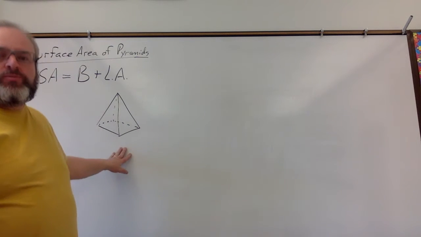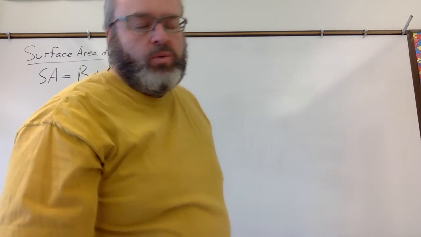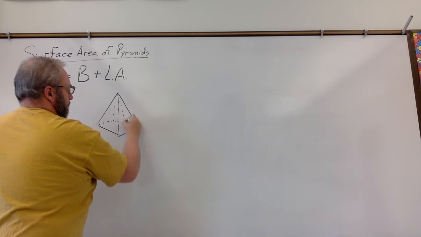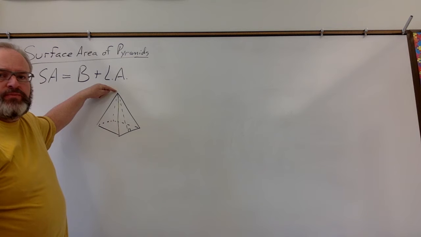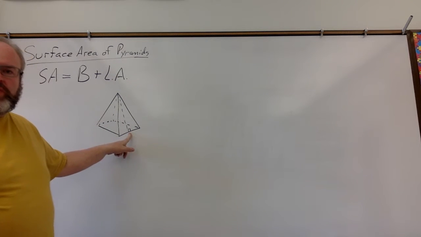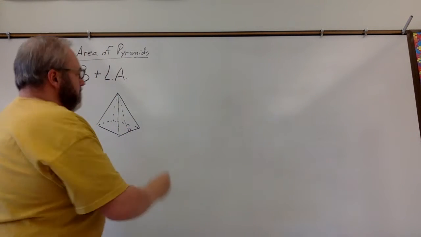Okay, so we've got a pyramid here, and on this pyramid, we have a new term I want to introduce to you. If you measured from the tip of the pyramid down to the center of the side, going at a slant, that's called the slant height.